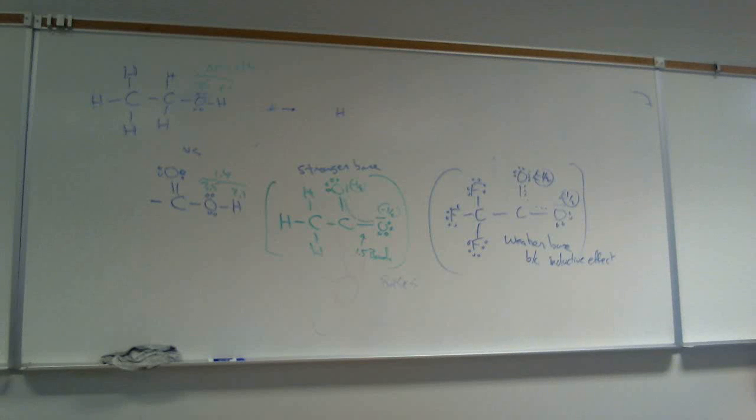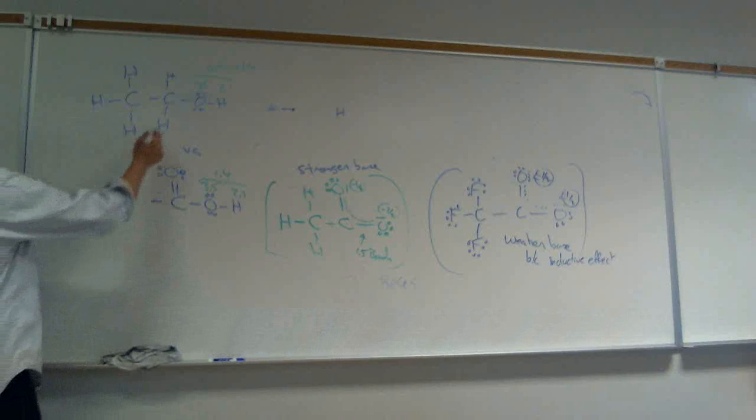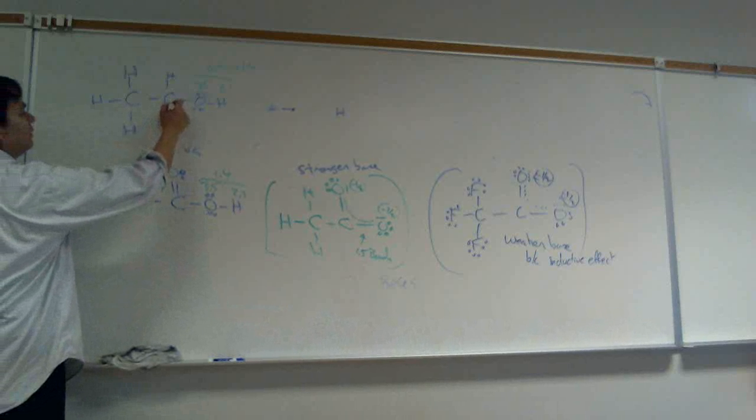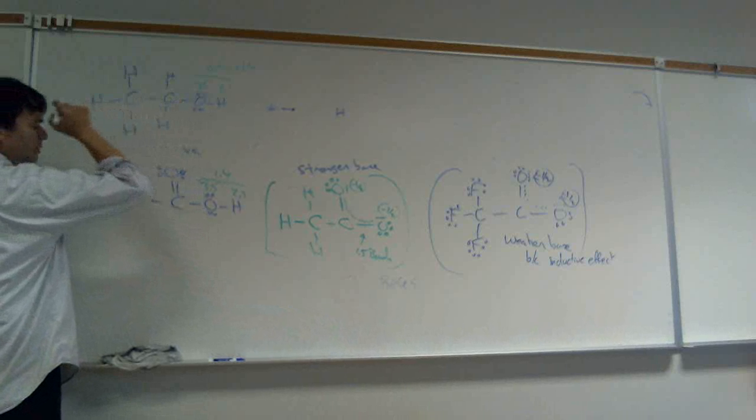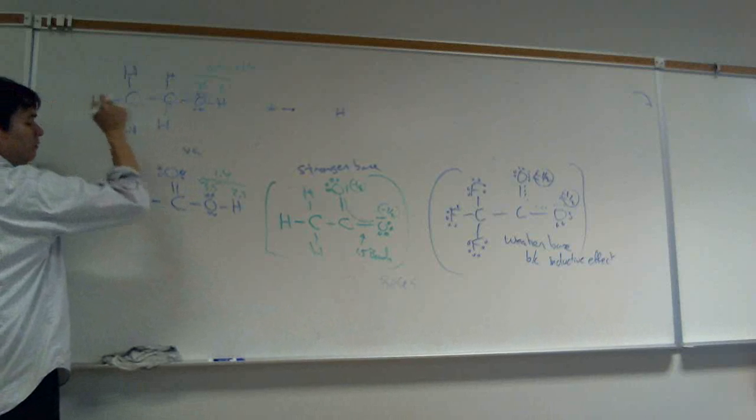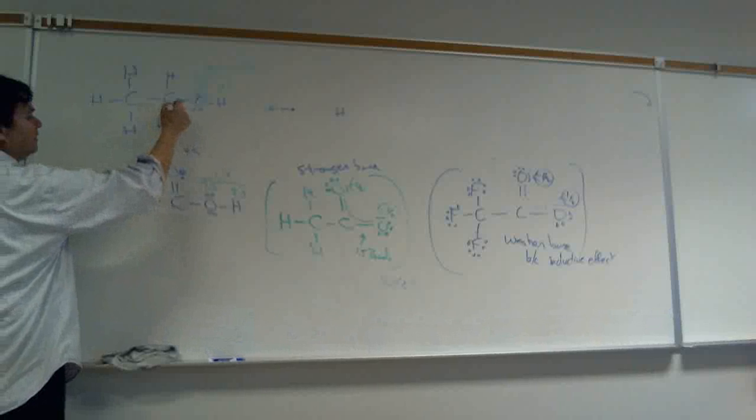Because these two carbons are not the same. The carbon up here versus the carbon down here are totally different. Can you see why? Even though they're carbon, and carbon should be a, what is carbon? 2.5, right? Is it 2.4? 2.5?